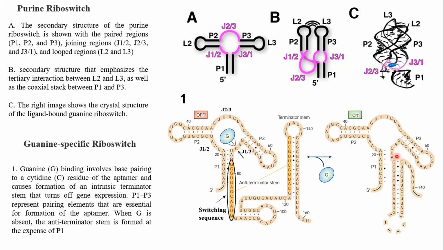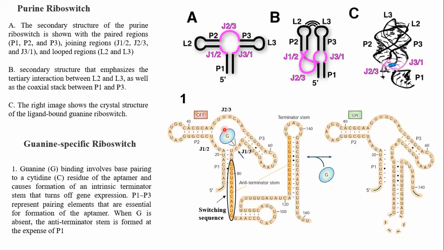Okay. So this is how the riboswitch works. I've given you one example of a riboswitch, the purine riboswitch family, and we discussed the guanine specific riboswitch. And remember these particular nucleotides, this U, A, and C. These three nucleotides will ensure the specificity of the ligand.